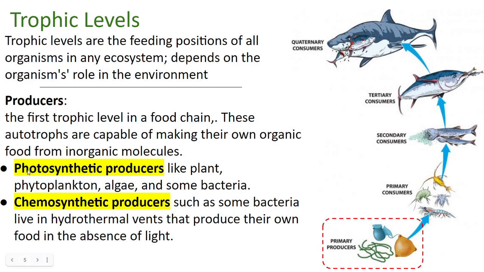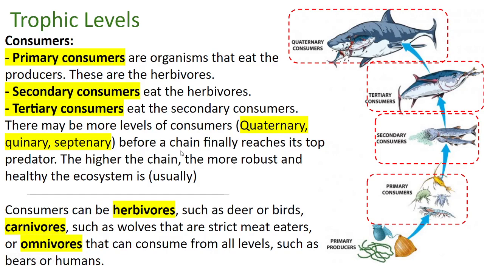We mostly talk about the photosynthetic ecosystems that run off photosynthetic producers, but there are ecosystems that run off of chemosynthetic producers, and it's really weird. Imagine getting to the bottom of the ocean and sending a camera down there and thinking there ain't nothing down here because there's no sunlight, and all of a sudden something swims by and you're like, whoa. That's because there's chemosynthetic producers down there, and we find them all over the place. It's kind of crazy. All right.